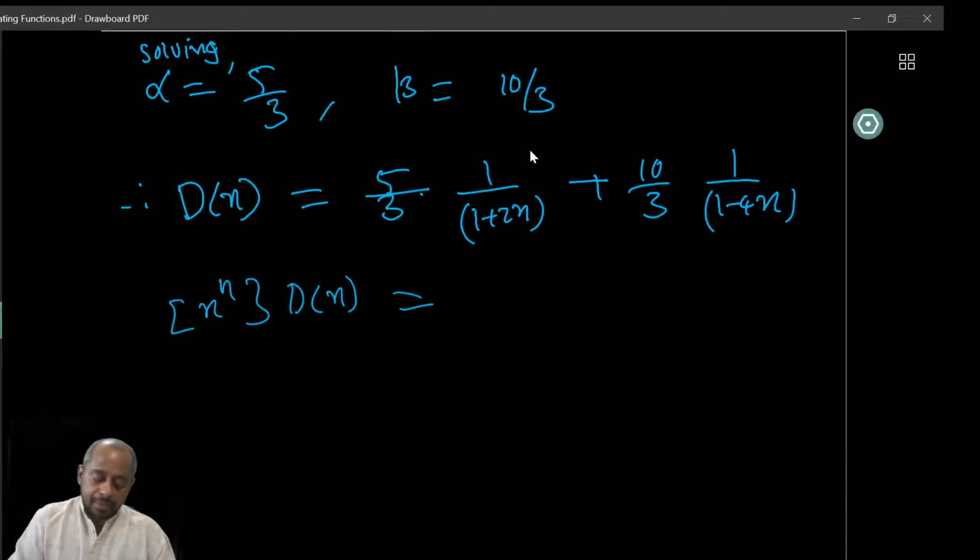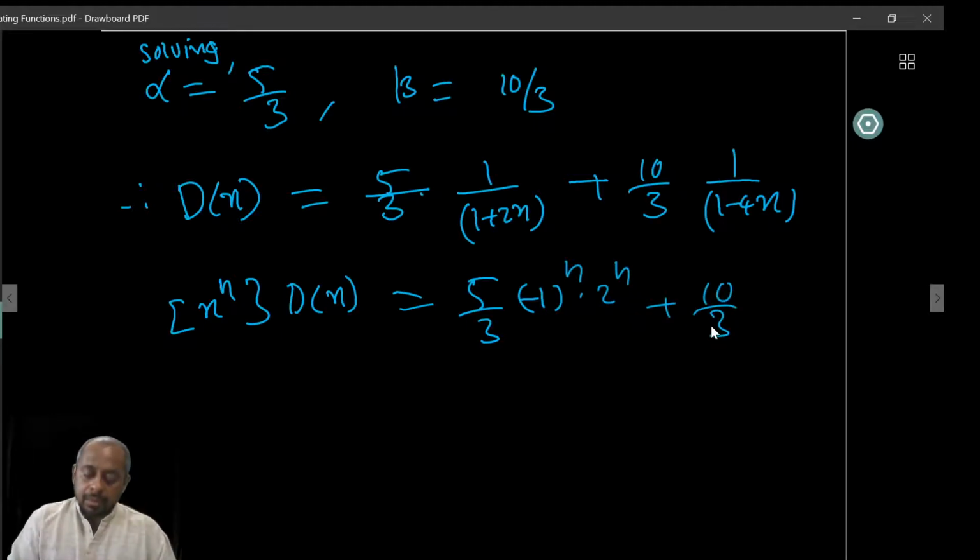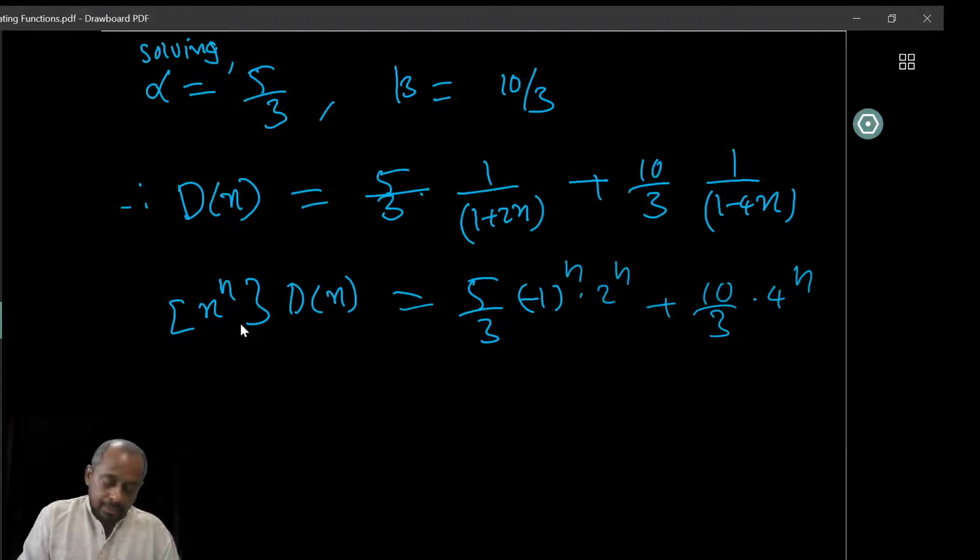So 5 by 3 into minus 2 whole raised to n plus 10 by 3 into 4 raised to n. So you will get the formula for dn.